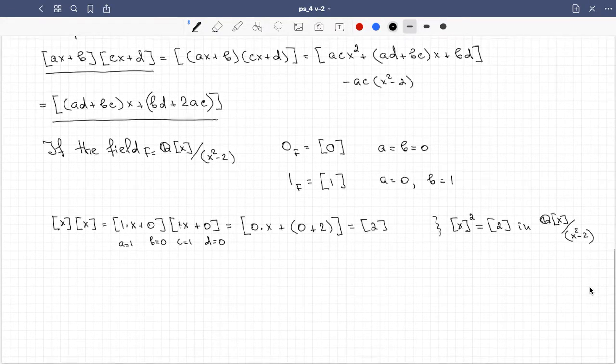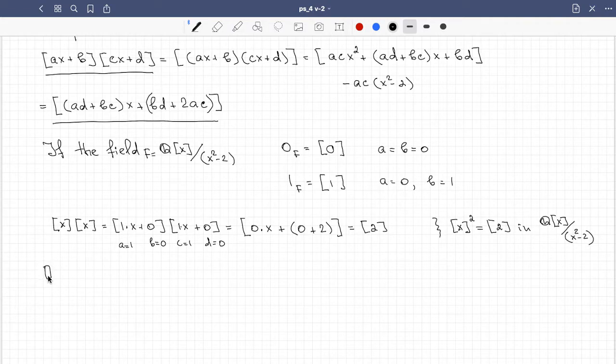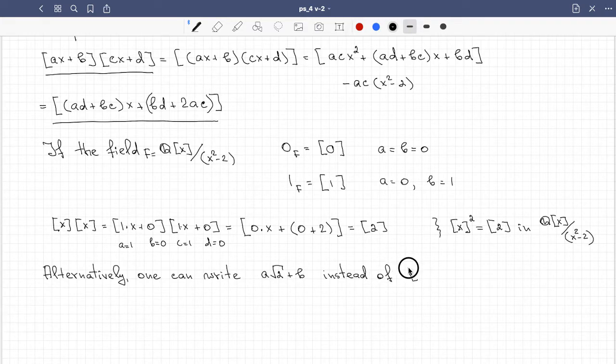Alternatively, one can write a root of 2 plus b instead of the class of ax plus b.